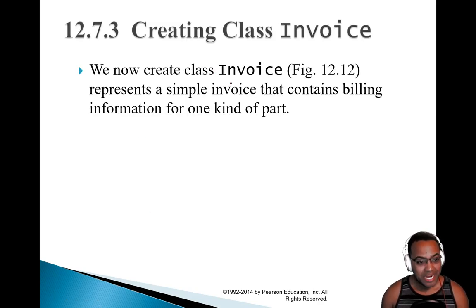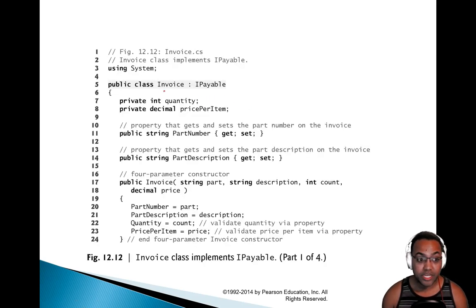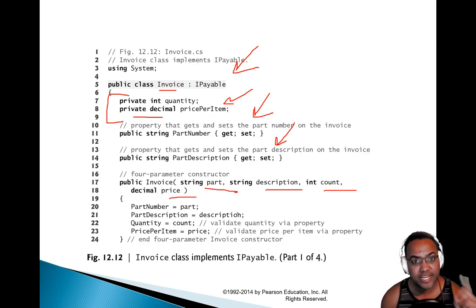We now create invoice. It represents a simple invoice that contains billing information for one kind of part. And here it is. Invoice is implementing IPayable. The private int quantity and private decimal price per item are our private variables. We have public string property accessors. We then call a constructor on invoice for part, description, count, and price. Notice we did not say we wanted a base, because interfaces for the most part do not allow you to have constructors.